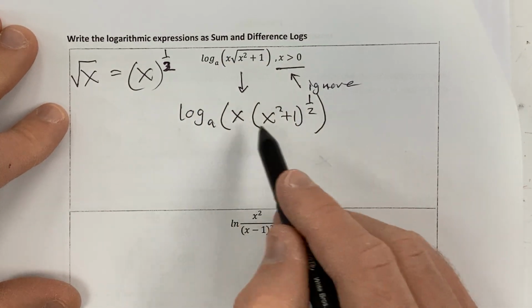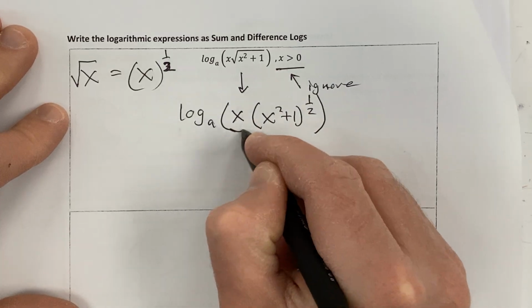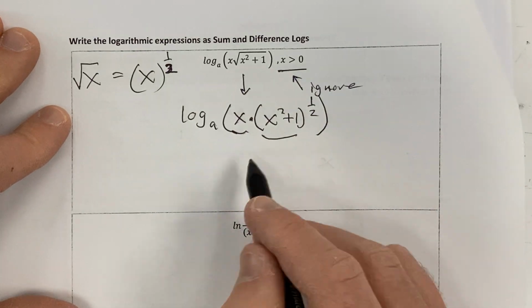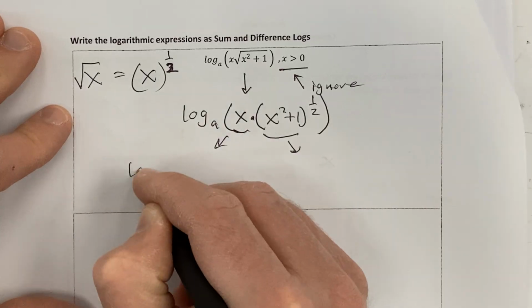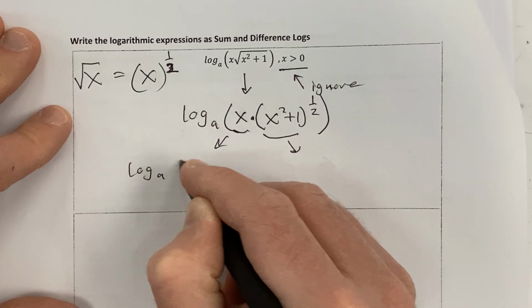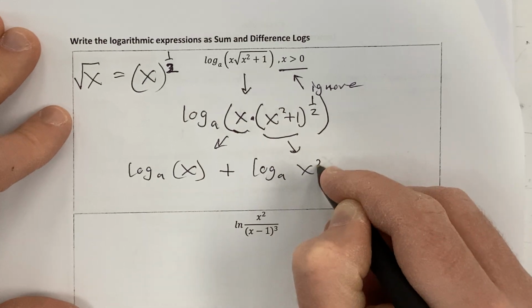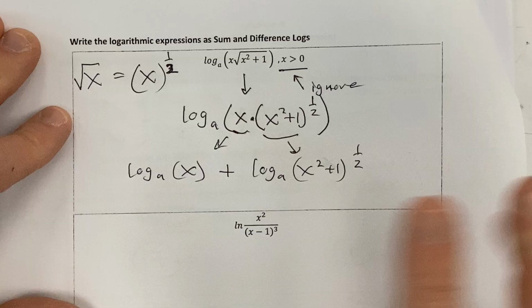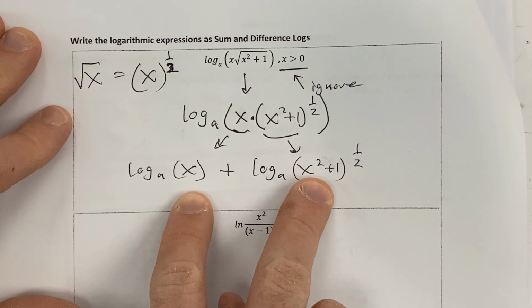But regardless of it being a radical or a 1/2 power, I see that these are two things that are being multiplied. So I can, using the product to sum rule, split them into log base a of x plus log base a of x squared plus 1 to the 1/2. And so there I've used that first rule. Is there another rule I can use?